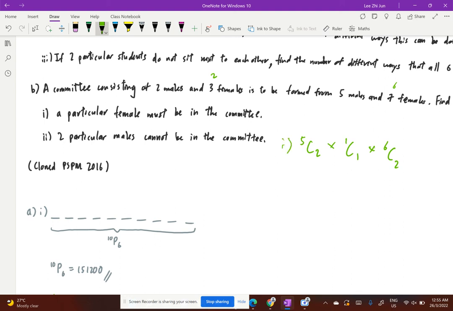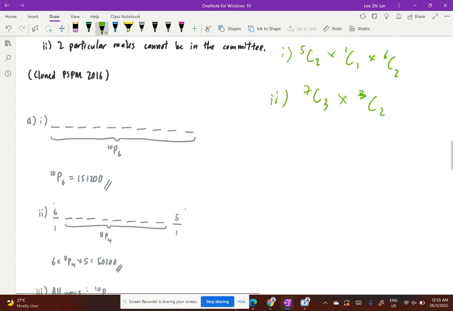Here's the answer for the first. And if the two particular males cannot be in the committee, it is just 7C3 times... Two particular males cannot, so 5 minus 2 equals 3. So there are only 3 males. We need to select 2 males from 3 males, so 3C2. So here's the answer.